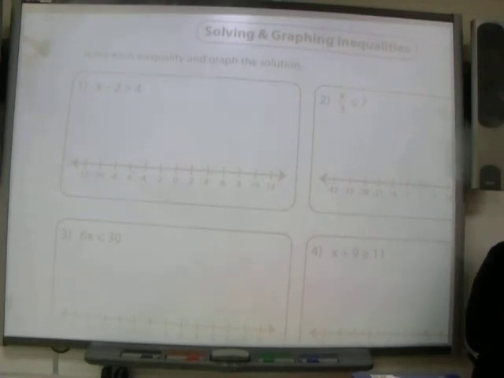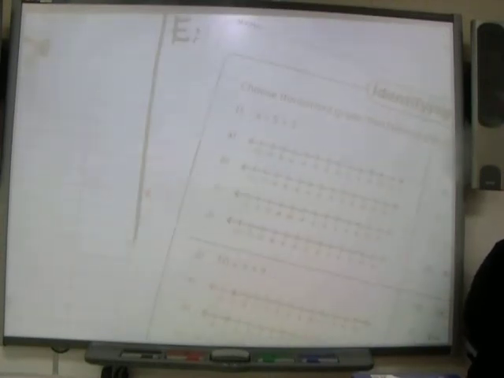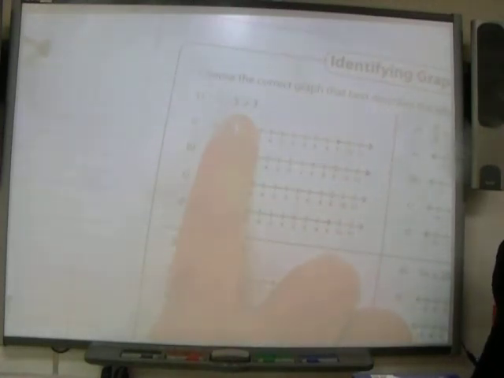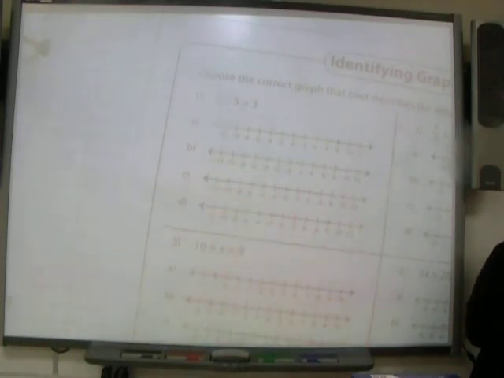You are going to do it now though, so that it is part of your standard course of study, that you know how to do it and can do it with proficiency. But the way they're going to ask you to identify that solution set on the EOG is like this, where you still have to find the solution, but then you have to identify which one of these is the correct graph for the solution set in a multiple choice format.